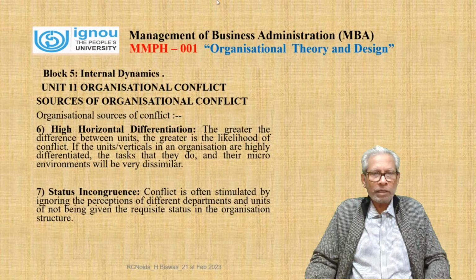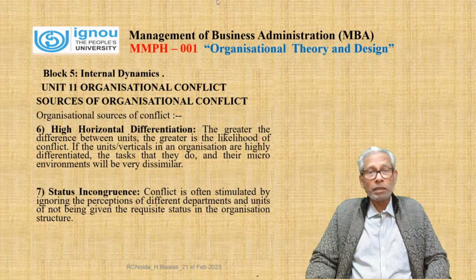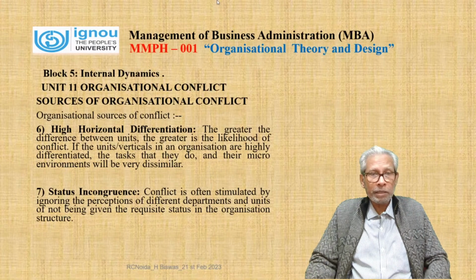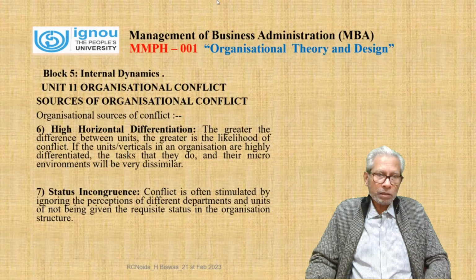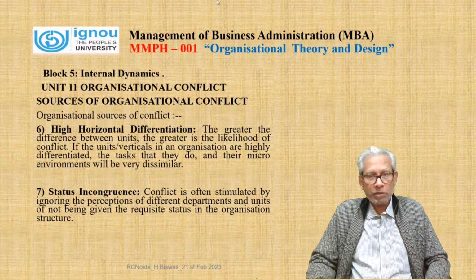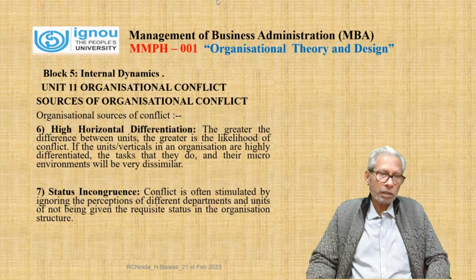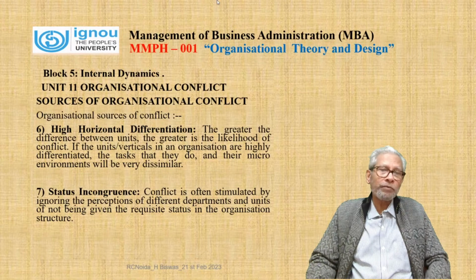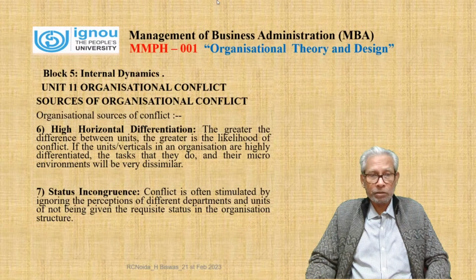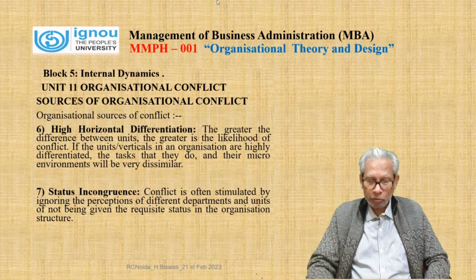If the units, the verticals in an organization, are highly differentiated, the tasks that they do and their macro environments will be very dissimilar. Status incongruence: conflict is often stimulated by the perception of different departments and units of not being given the requisite status in the organization structure. This is another source of conflict.